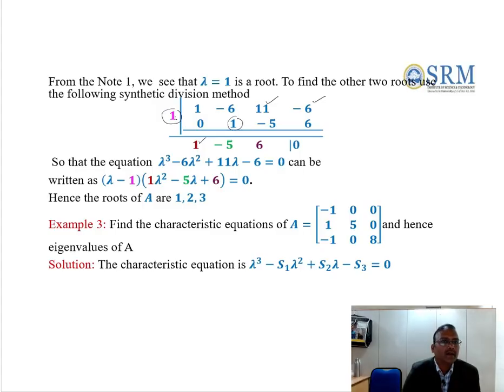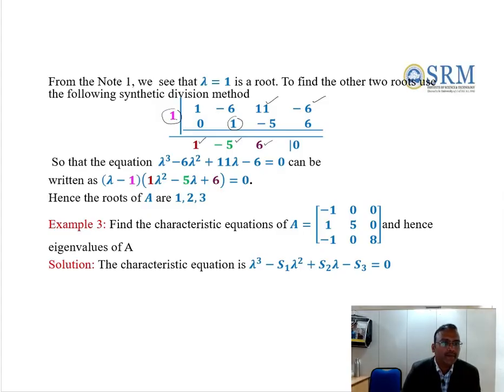Then add these two, that gives minus 5, and then multiply 1 with the minus 5 and put it here. If you add these two we get 6, and then multiply this 6 and 1 and put it here, that leaves 0. So using this synthetic division method, we extract the quadratic polynomial like this.